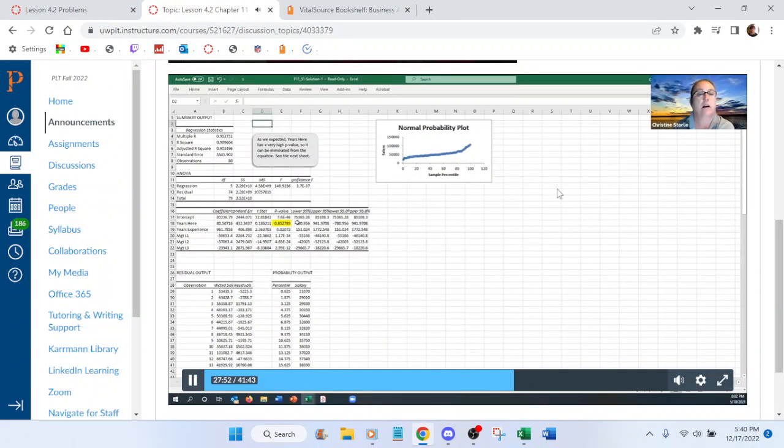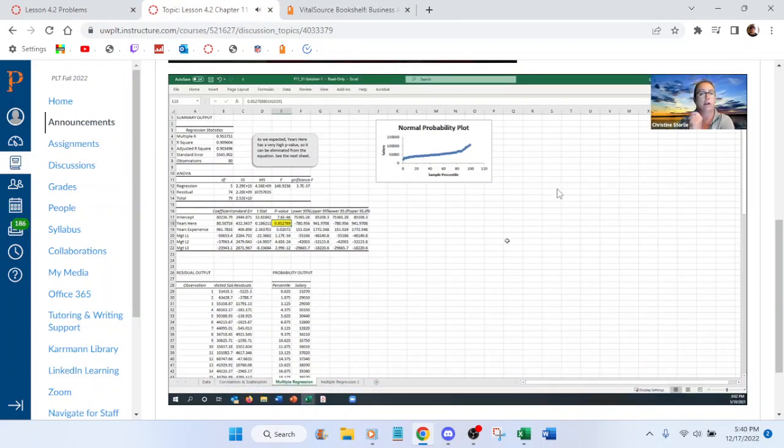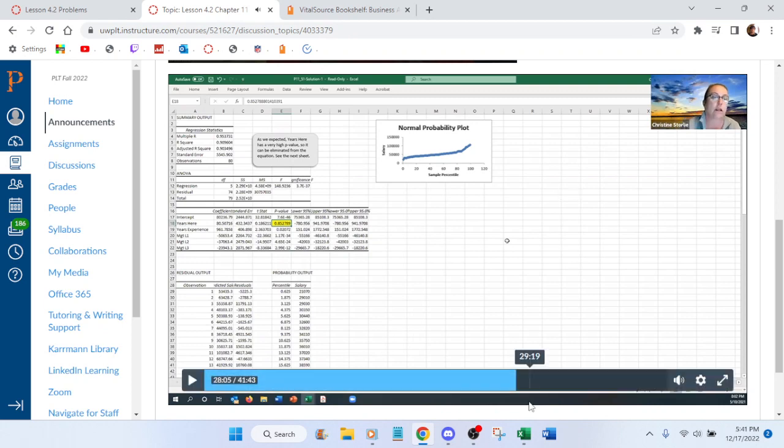Because of the multicollinearity between years here and years experience, it turns out that years here is not a significant predictor. Its p-value is 0.852. So we can bump that from the model.